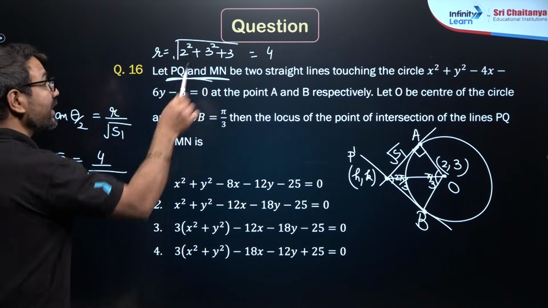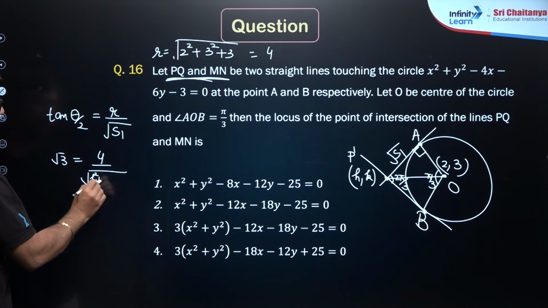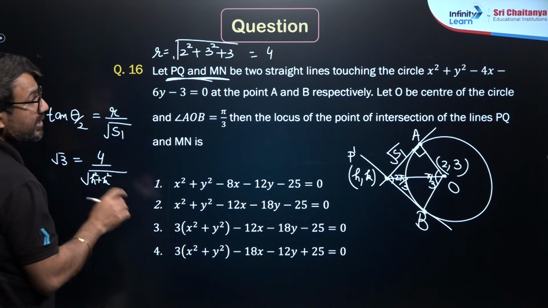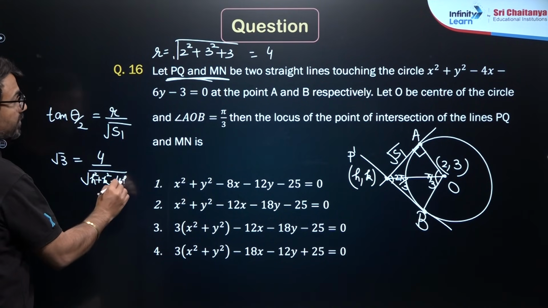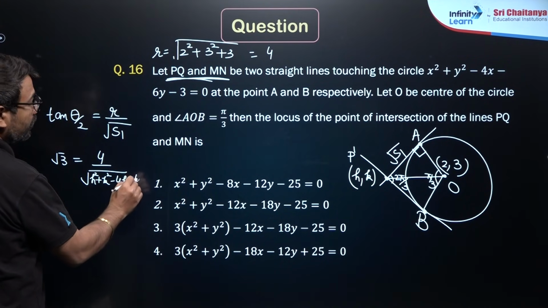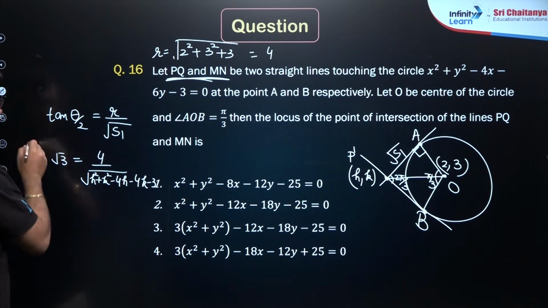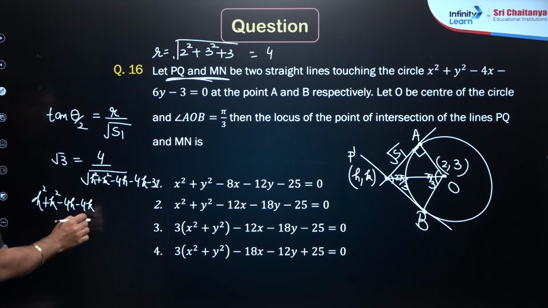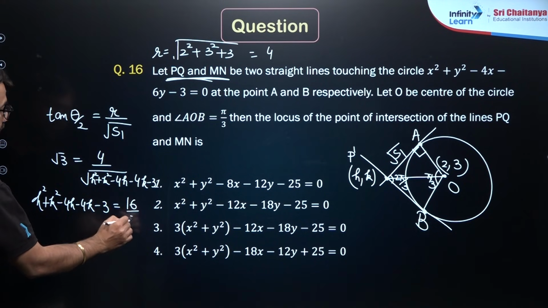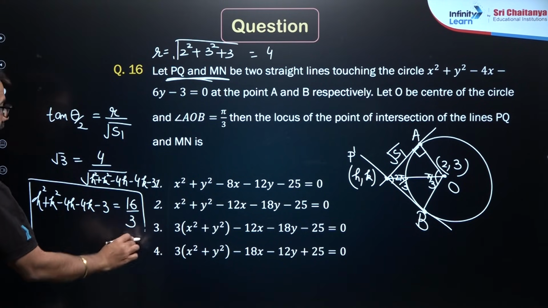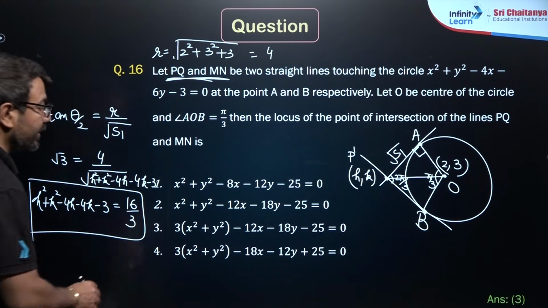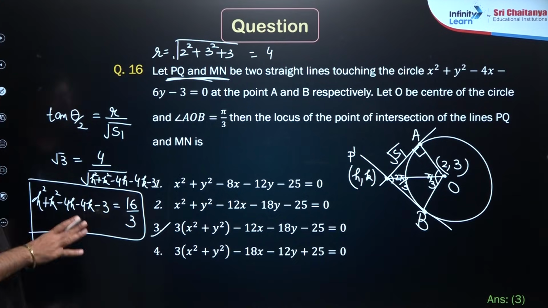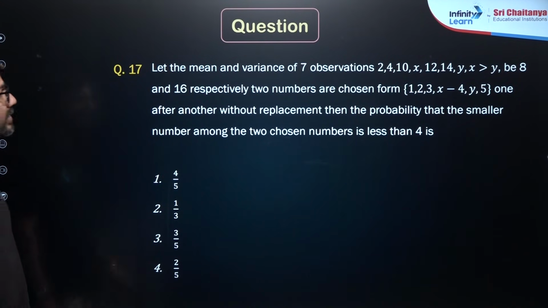That means this (h, k) has to be substituted in the equation of the circle. So h square plus k square minus 4h minus 4k minus 3. You take it to this side and square it. h square plus k square minus 4h minus 4k, and then my dear students, minus 3 is equal to 16 by 3. If you cross multiply, you will see that you get the third option as the locus. I hope everyone in the class is able to understand how we got this.